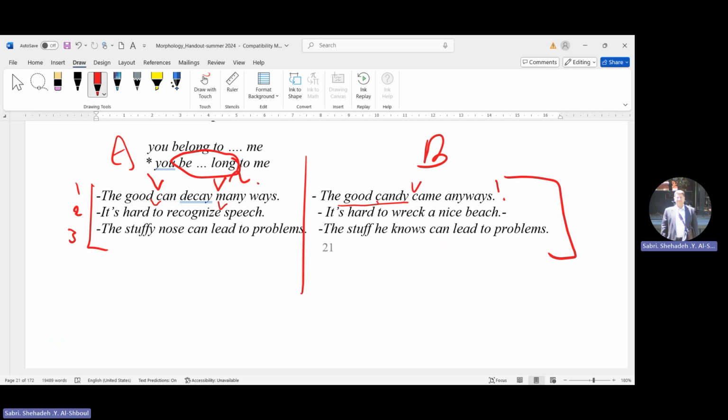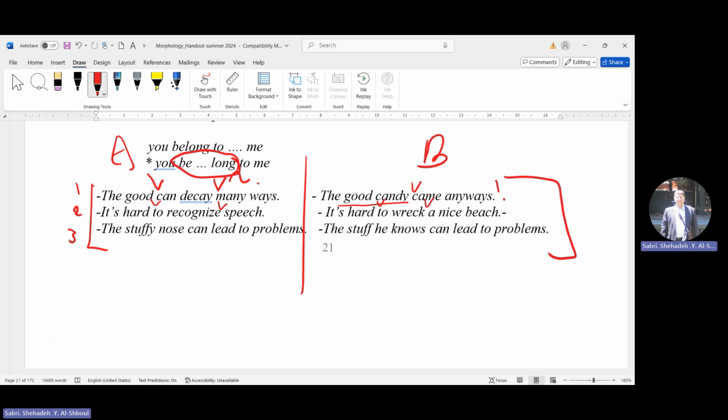"It's hard," pause, "to wreck a nice beach," with a complement, "a nice beach," preceded by a pause, and "to" preceded by another pause. So here we have this fine distinction between the two sentences. The reading of sentence one is "it's hard to recognize speech," the second is "it's hard to wreck a nice beach." So the difference would be clear.